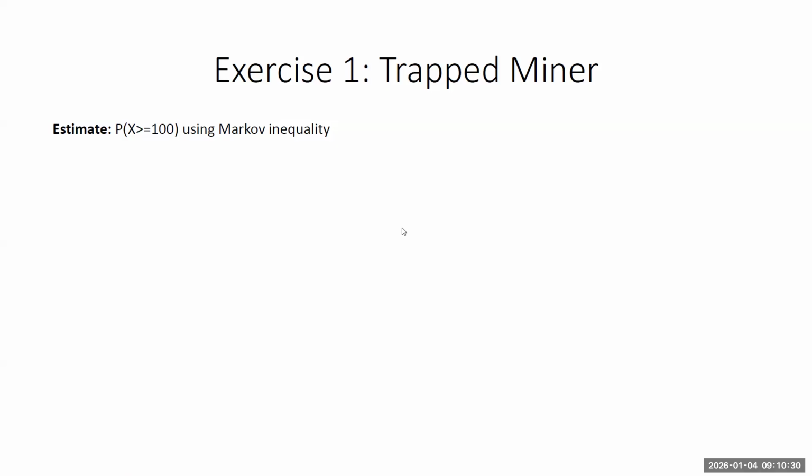So let's return to our question. The probability that x is greater or equal to a is less or equal to the expected value of x divided by a. This is the same. You can denote a by the appropriate expression and you will get this result.